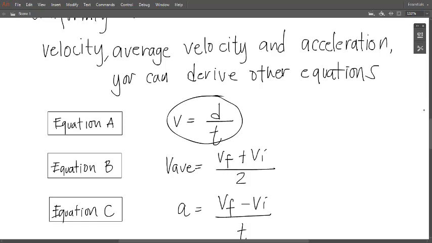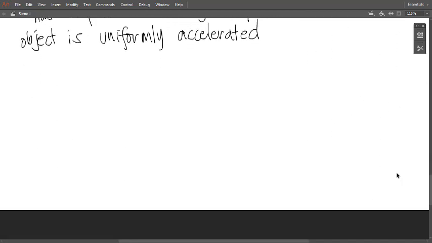Okay, so let's write this one here. This is equation A.